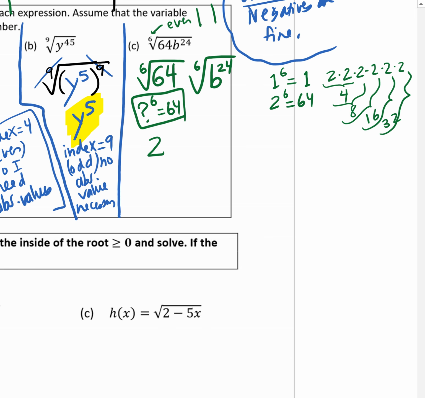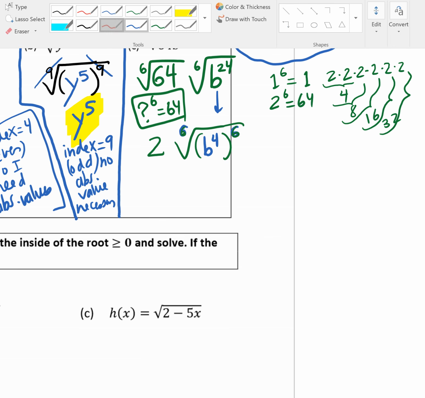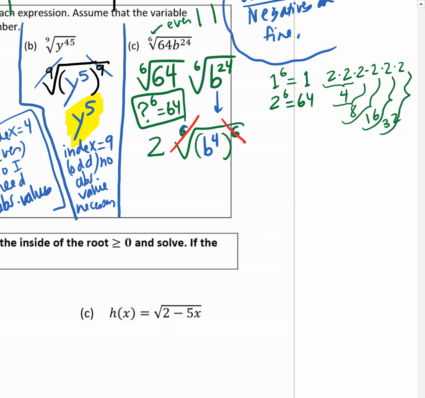That takes care of that, but this other guy, 6th root of b to the 24th, I'm going to need to write that as a 6th power, because that's the only way the index and the power will be the same. I need a 6 here and a 6 here. So b to the 4th would be what I need in there, right? Because 4 times 6 would make the power of 24. Alright, now that I've written it like that, the 6th root and the 6th power cancel.